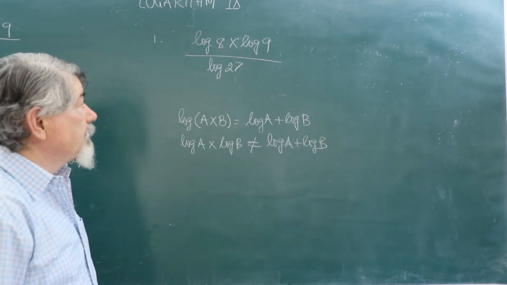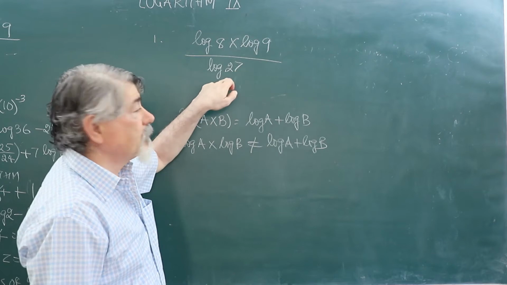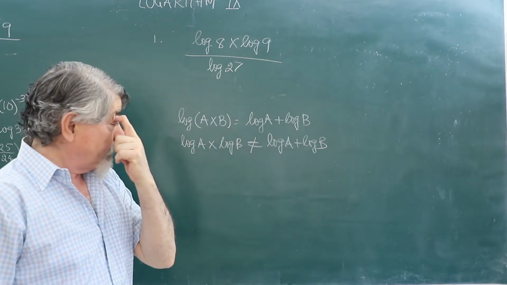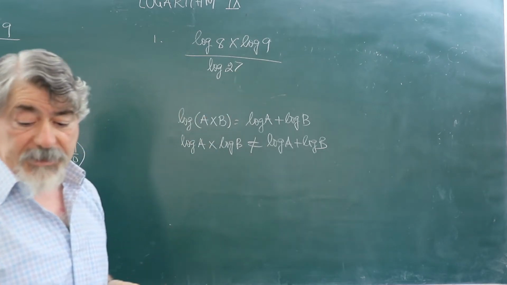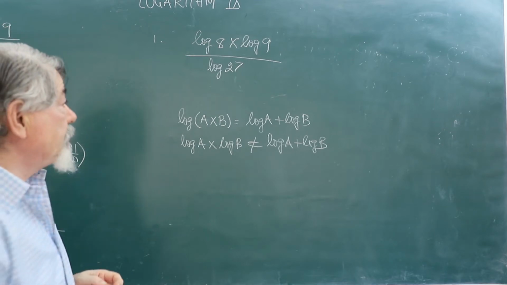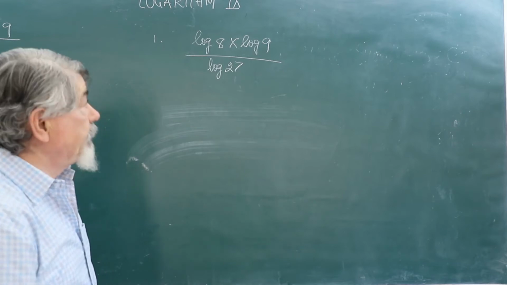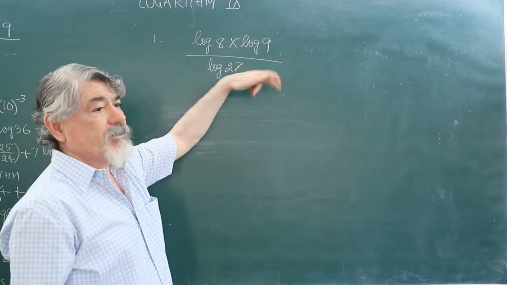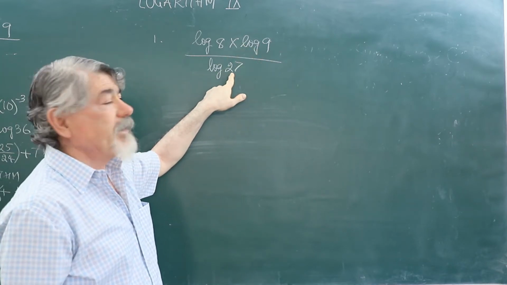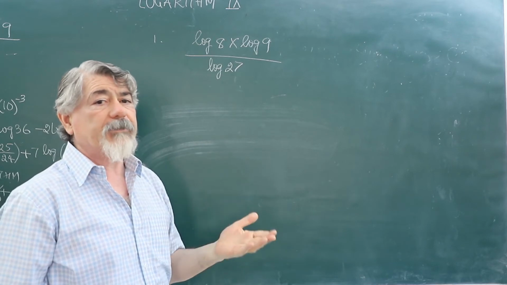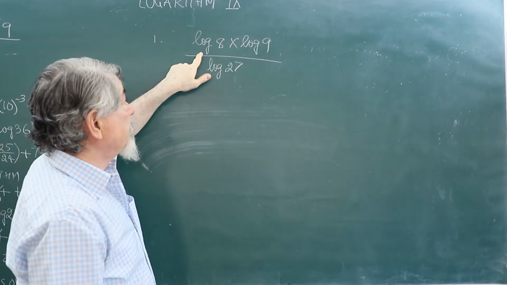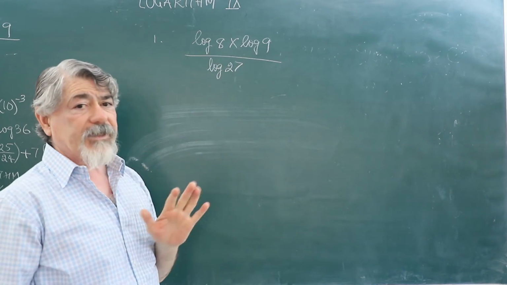The other thing is, it is log 9 here, it is log 27 here. So we can convert 9 as well as 27 as powers of 3, because 9 is 3 to the power 2 and 27 can be written as 3 to the power 3. The other thing is that there are no bases given here.